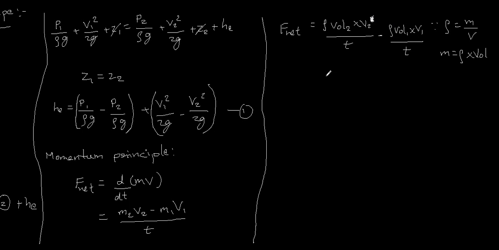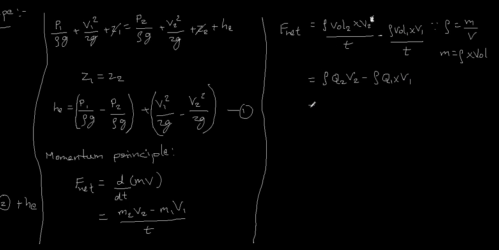Volume per unit time, the amount of liquid flowing per unit time, is known as flow rate or discharge. So we can write it as rho into q2 into v2 minus rho into q1 into v1.